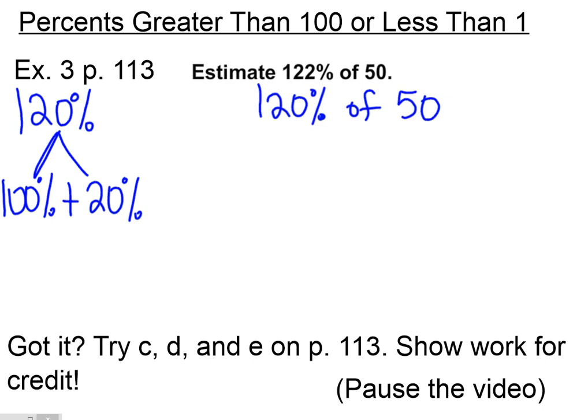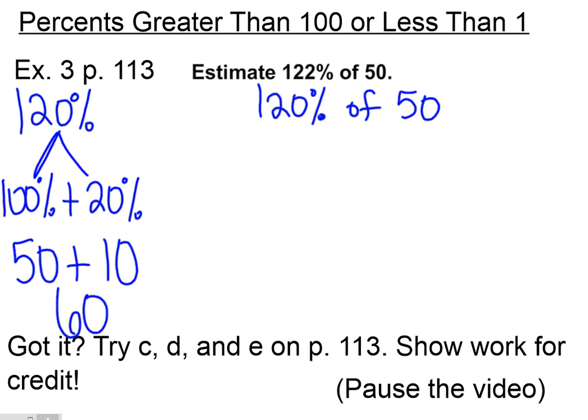So if 100% of 50 is 50, 20% of 50, well, I know 10% of 50 is 5. So 20% would be 10. 50 plus 10 makes 60.